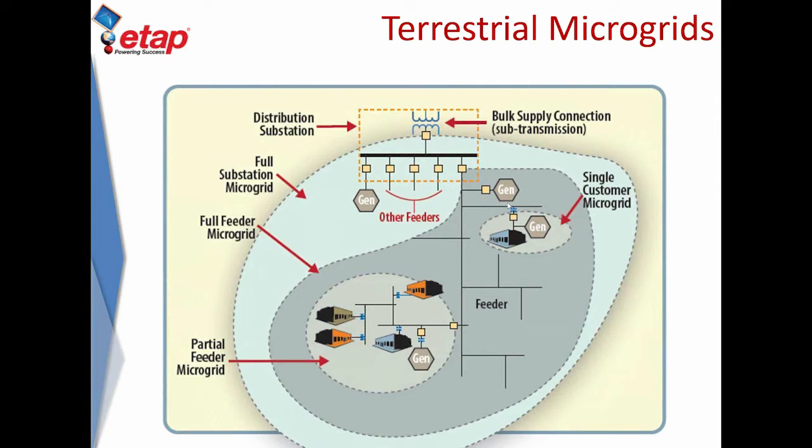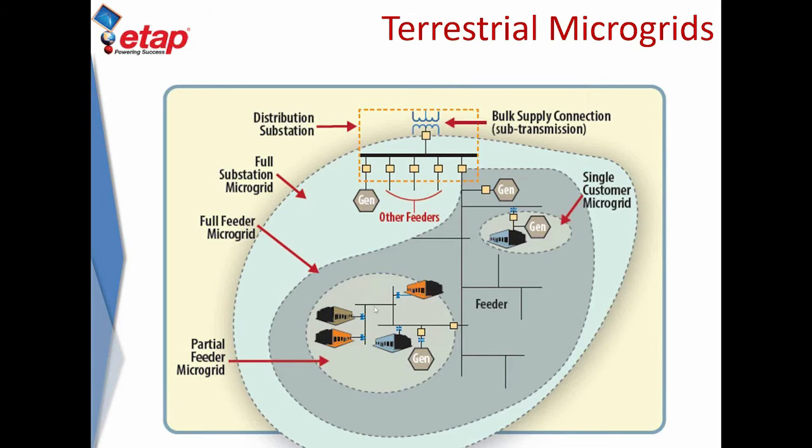It has its own generation and its own load centers. A single microgrid in the system can exist on the distribution substation, but you can also have customer microgrids which are connected at the feeder level, and you can also have partial microgrids where there are multiple customers joined together to make one larger grid.